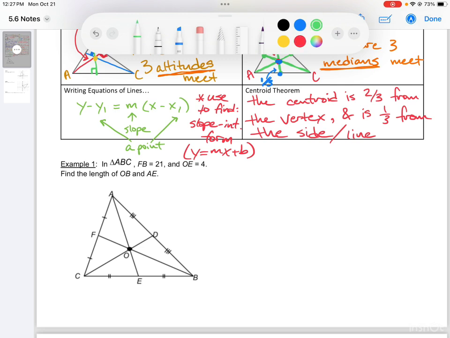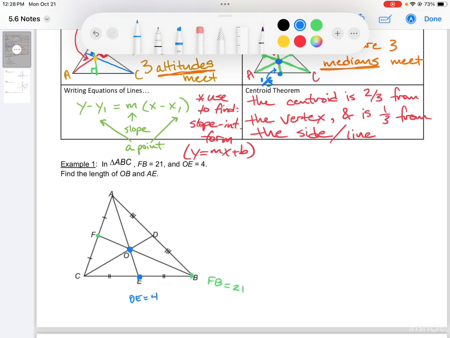So in this case, working on our first example here, we have a triangle ABC, and it tells us that from F to B, okay, from F right here all the way to B, is 21 units, and from O to E is 4 units.